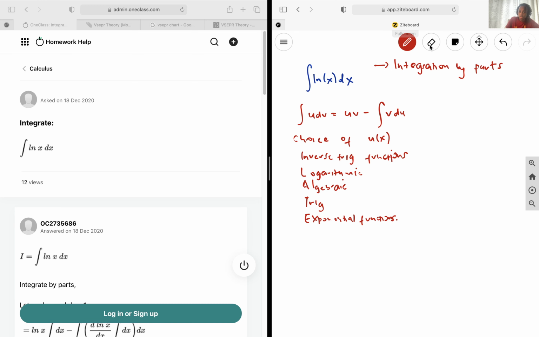So clearly, the function that we see here is a logarithmic function, and so our u is going to be equal to ln x, and our dv is going to be equal to 1.